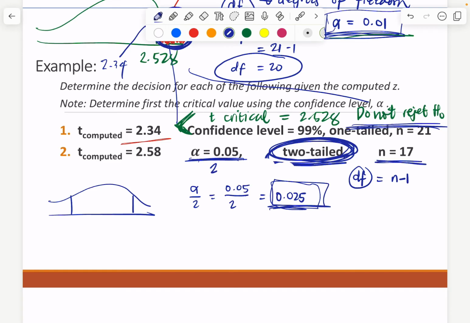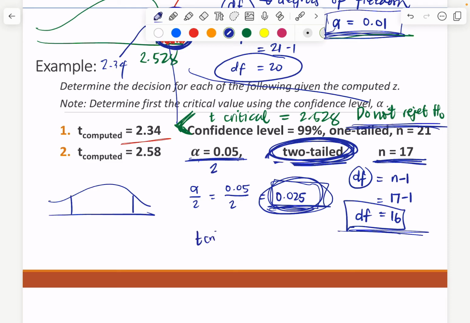So our sample size is 17, so that will be 17 minus 1. So our DF is 16. So we have an alpha of 0.025 and a DF of 16. So we can now find our T critical.